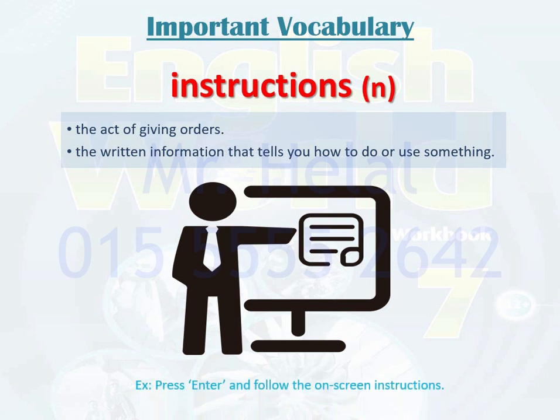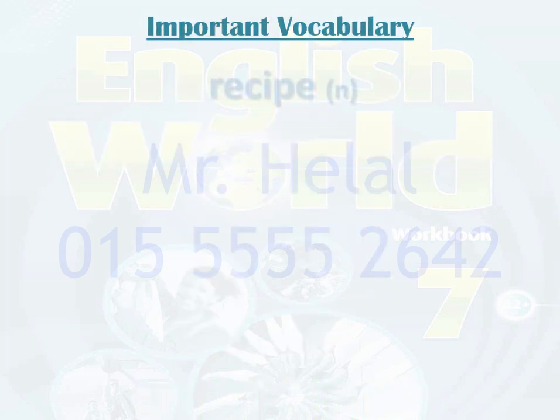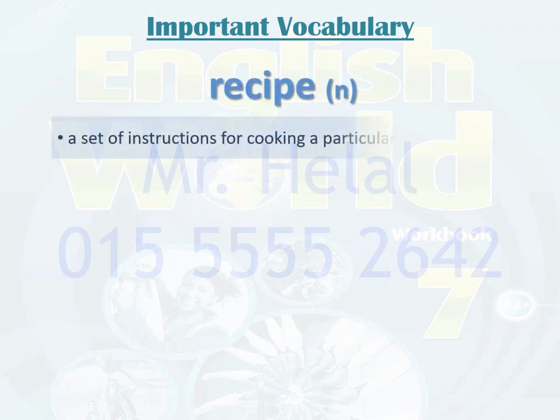Example: Press enter and follow the on-screen instructions. يعني اضغط على زرار enter واتبع التعليمات المكتوبة على الشاشة. Recipe. A recipe is a set of instructions for cooking a particular kind of food.